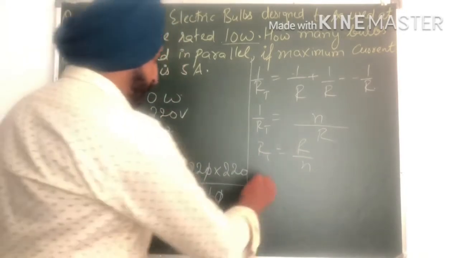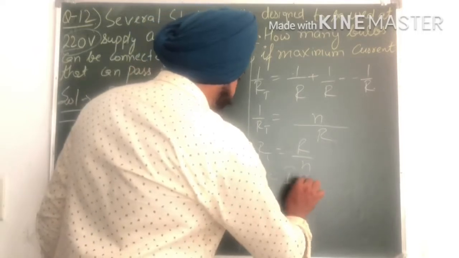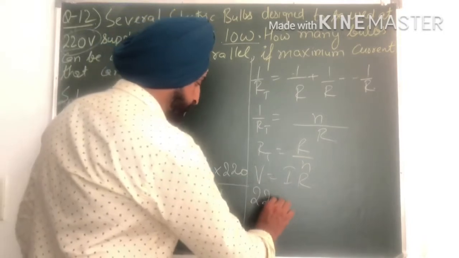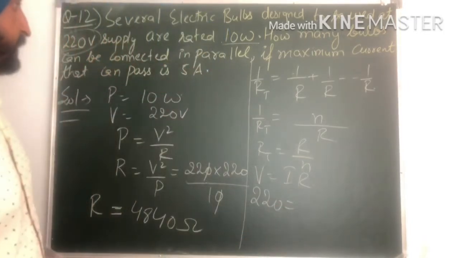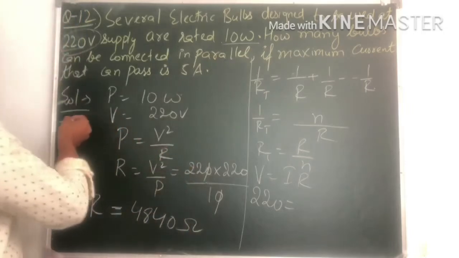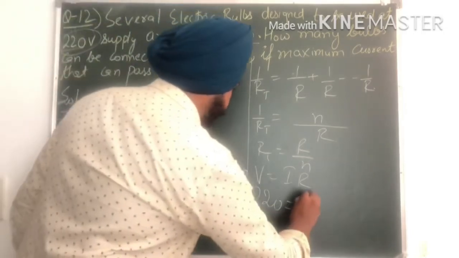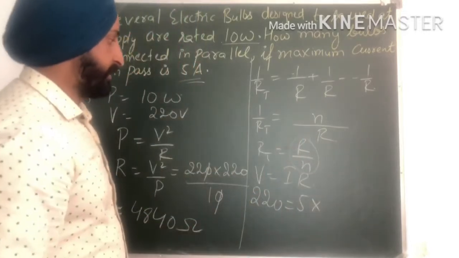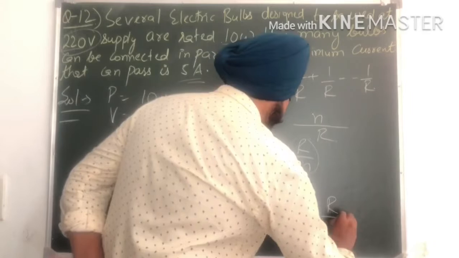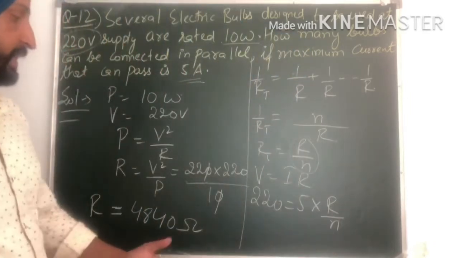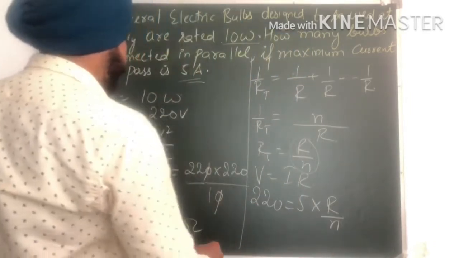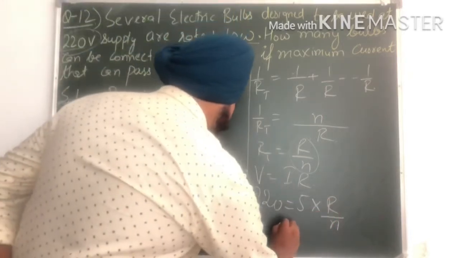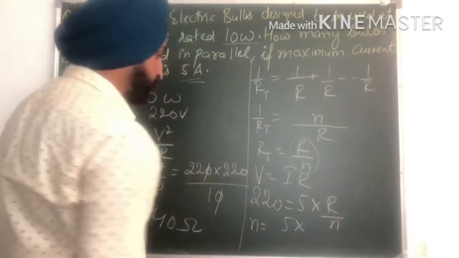Now we just need to apply Ohm's law, V is equal to IR. The voltage at which these bulbs are operated is the same, 220 volt. The maximum current that can pass is of course 5 ampere. And the total resistance of n bulbs connected in parallel is R by n. So from here we can calculate the value of n, which would be equal to 5 into R over 220.